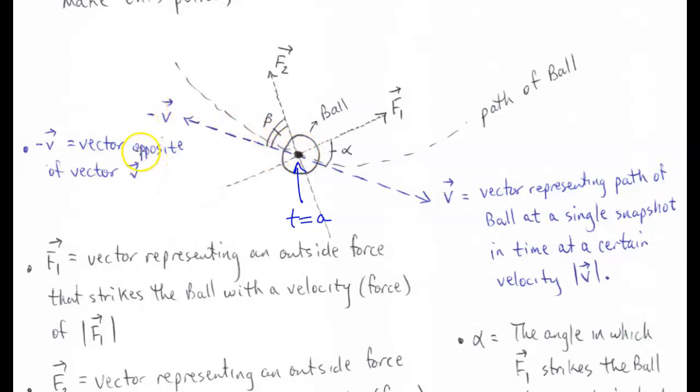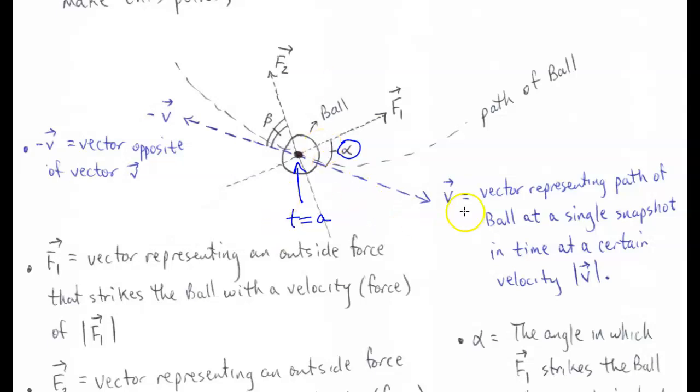opposite direction. So when we have this ball being acted on by either a force F1 or force F2, we can say here that, of course, if this force is going all the way through here, alpha, which is this angle here, is going to be the angle that's created by the direction of the force itself, relative to the direction of the ball at that snapshot in time.